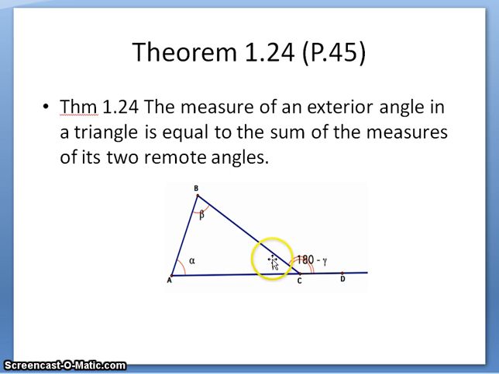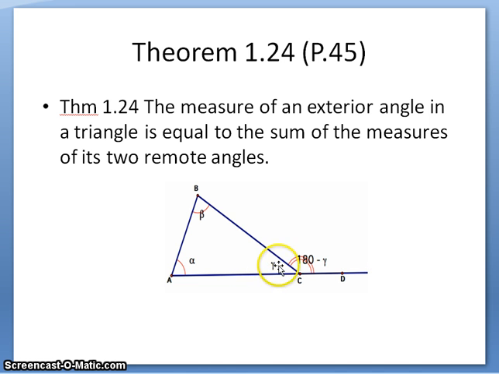So first of all, we can write down m of angle A, but it's easier just to use a letter alpha to denote the measure of angle A, and then beta as the measure of angle B, and gamma as the measure of angle BCA.